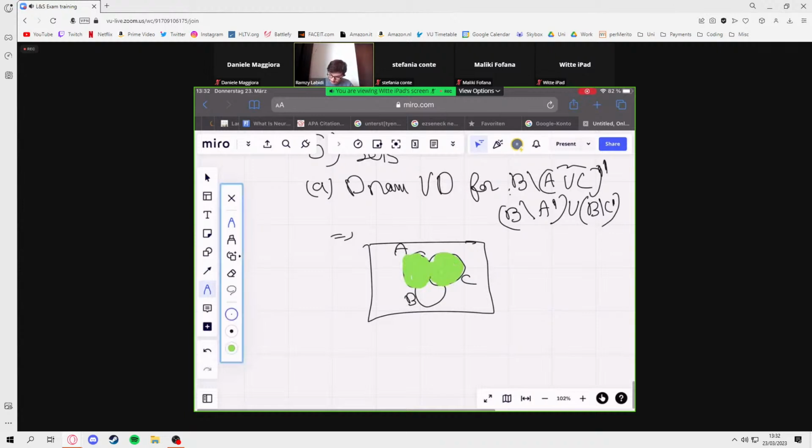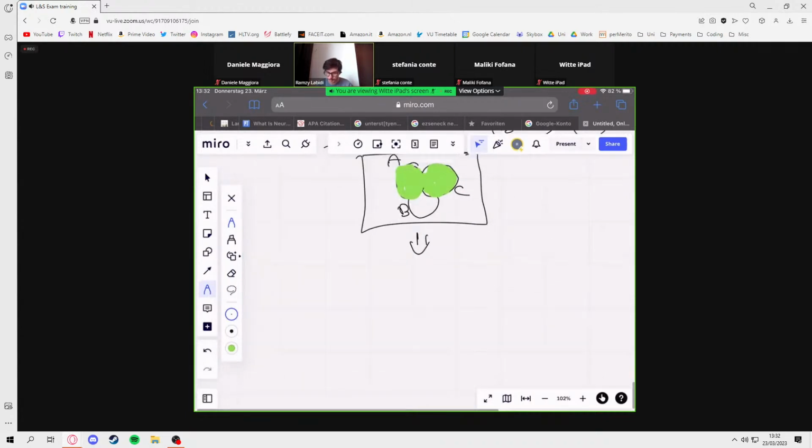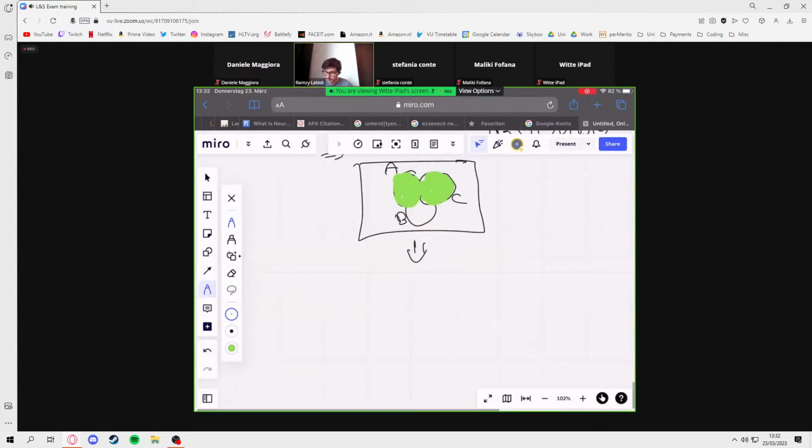And then from here, we have to give their complement. So the opposite of that, what's that? Everything else. And we have A, B, C. And then the complement is basically everything else, apart from the actual A and C. So we don't even touch what they share and everything else.